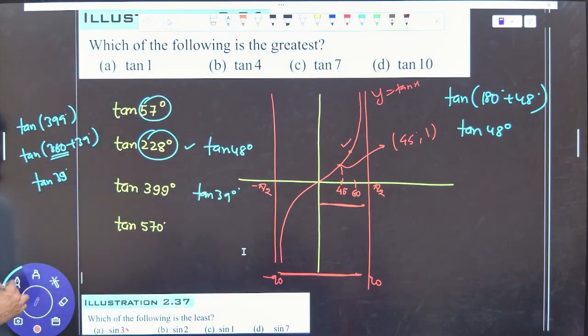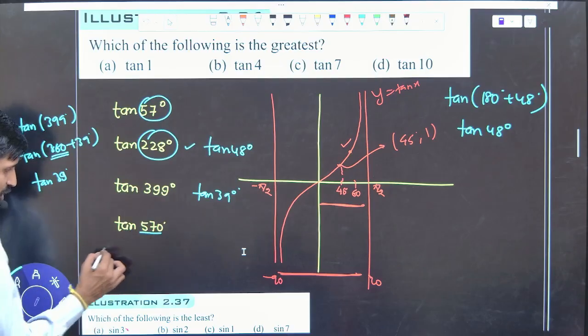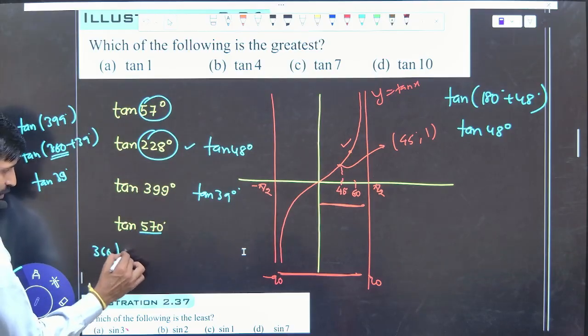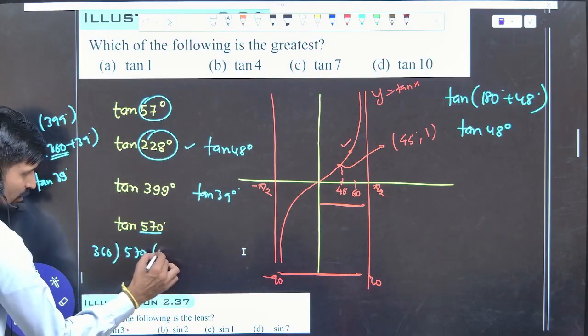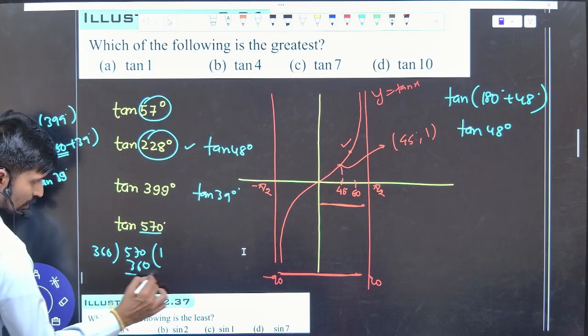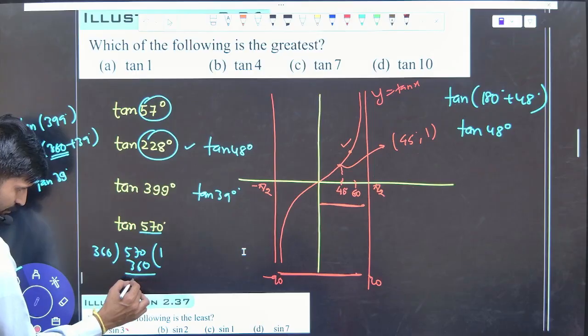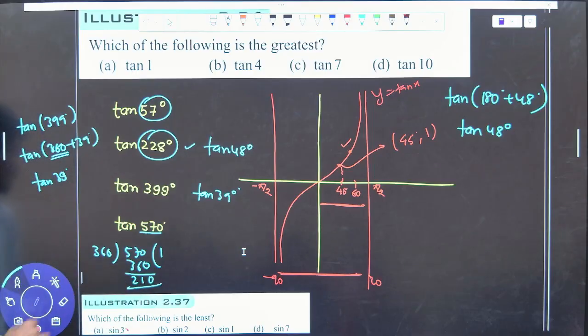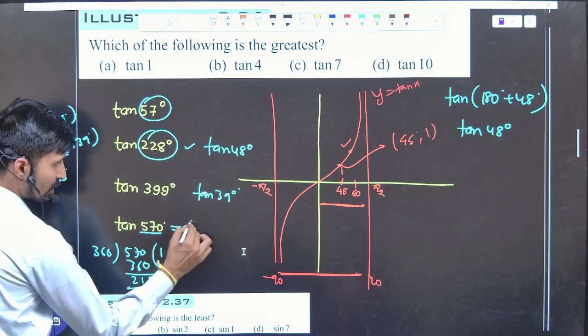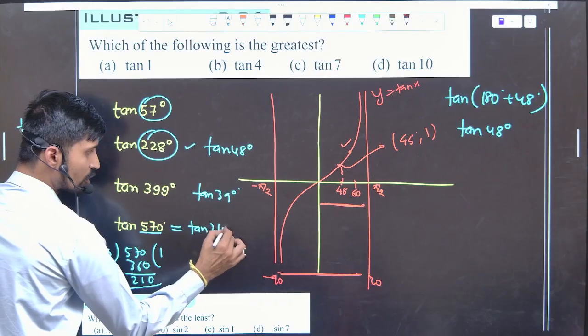Now this tan 570. First we divide 570 by 360. What do we get? 210. Now 210, how can you write it? This is equal to tan 210.